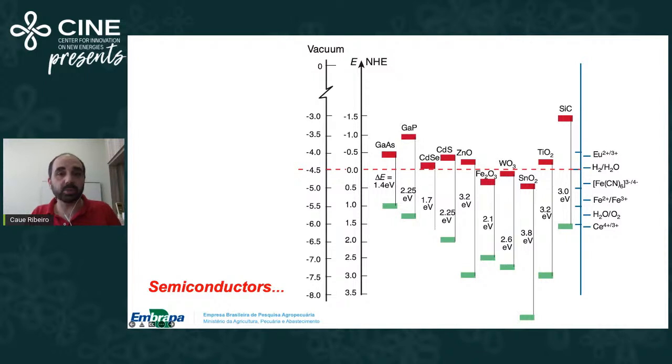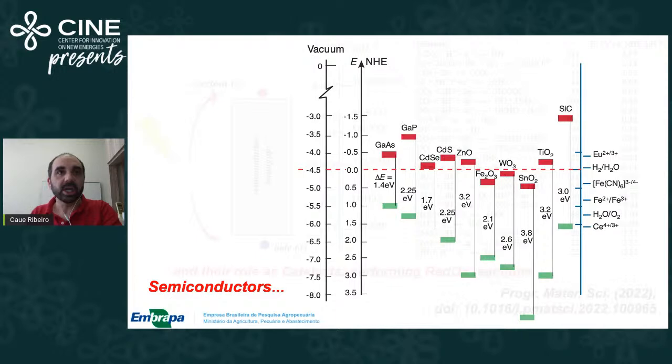For example, we can use titanium oxide, which has a 3.2 electron volt band gap. When this titanium oxide is irradiated with UV light, the electron in the conduction band can perform some reduction reactions, while the hole in the valence band can perform other oxidation reactions. Most importantly, there are dozens of different reactions that can be explored.